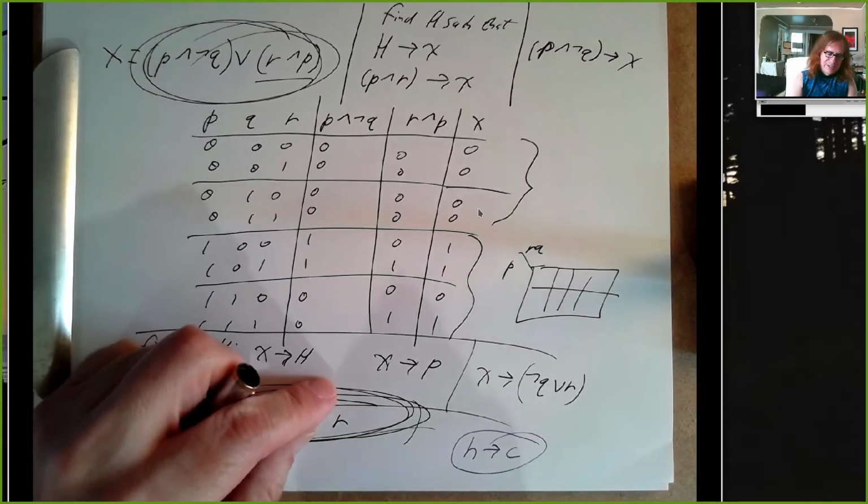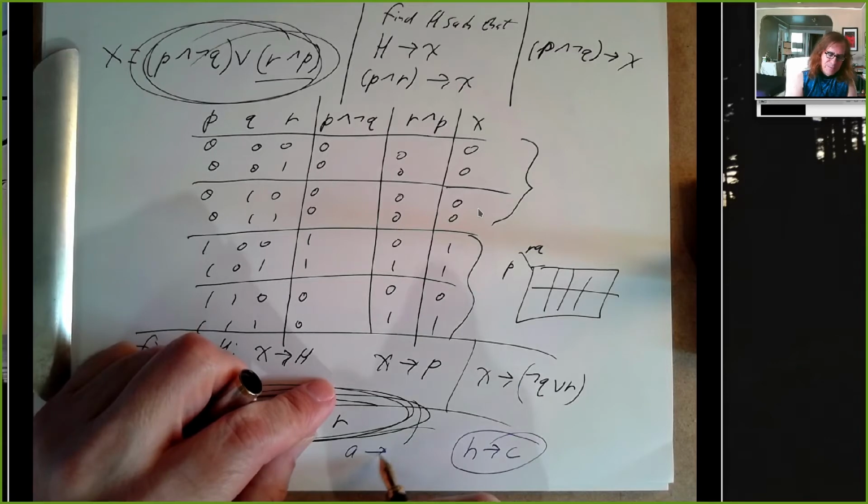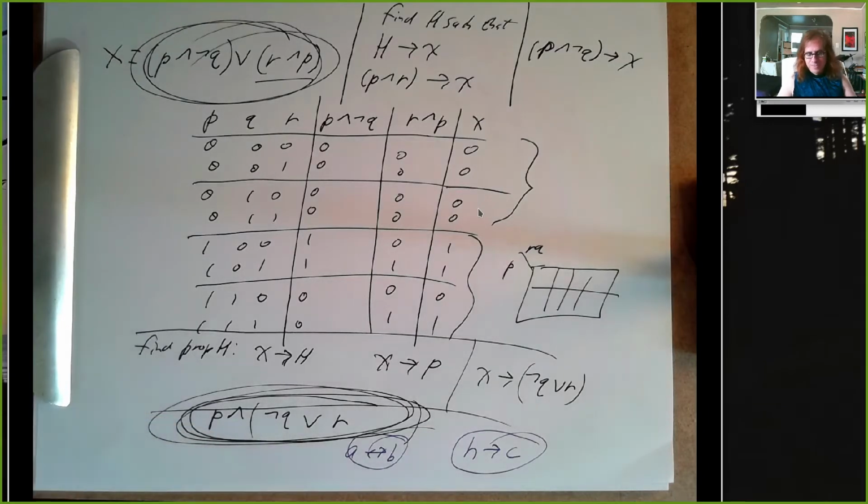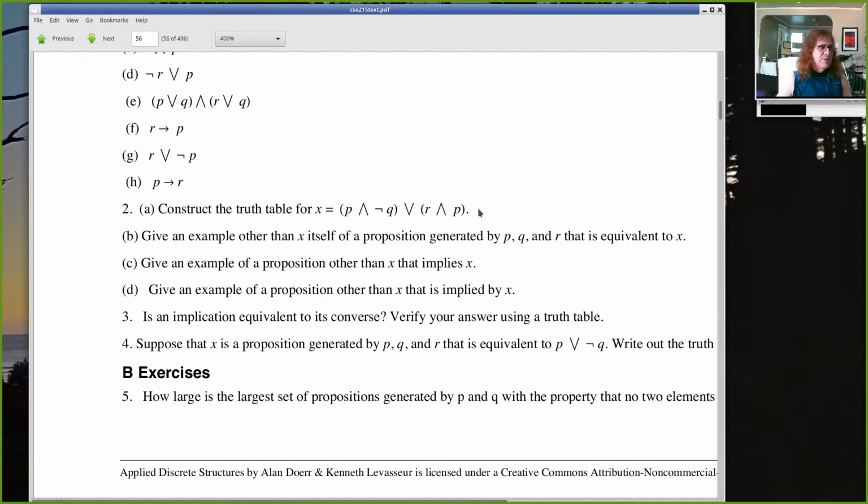And that's different from a biconditional or a logical equivalence, which says A implies B and B implies A. Or it says B is implied by A and A is implied by B. Either of those mean A and B are equivalent. So this was looking at different forms of that.